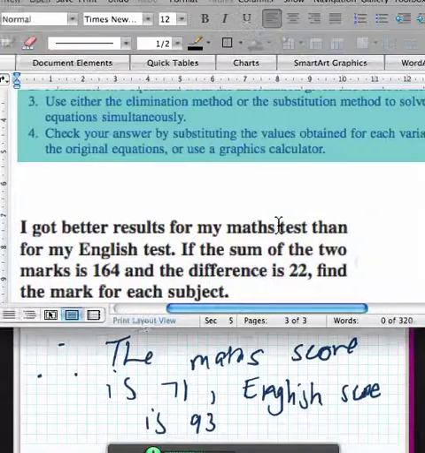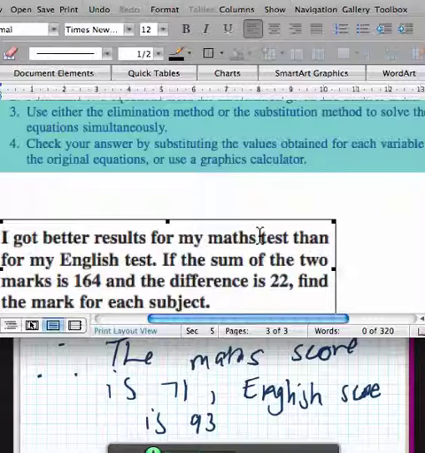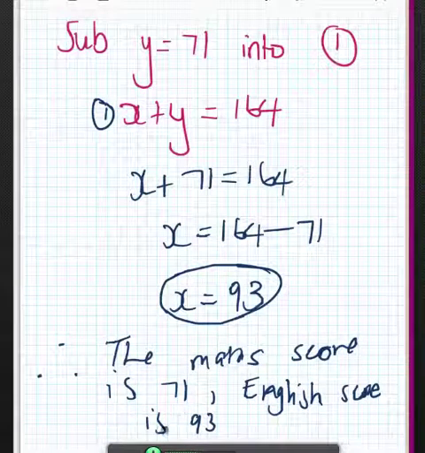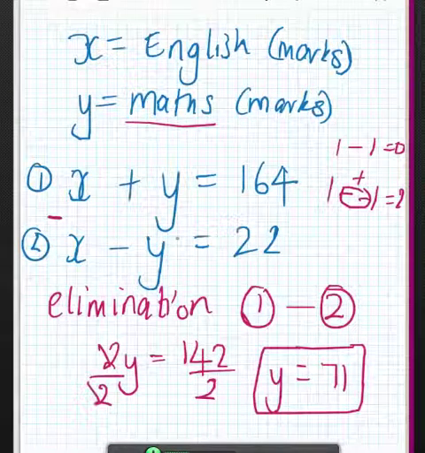And of course, the other way of checking, if we look at step 4, it says check your answer by substituting the values obtained for each variable in the original equations. So if we go to the original equations using our results, so we'll go back. There's our original equations. So just pick one. I'll pick the first one because that's usually the easiest one.